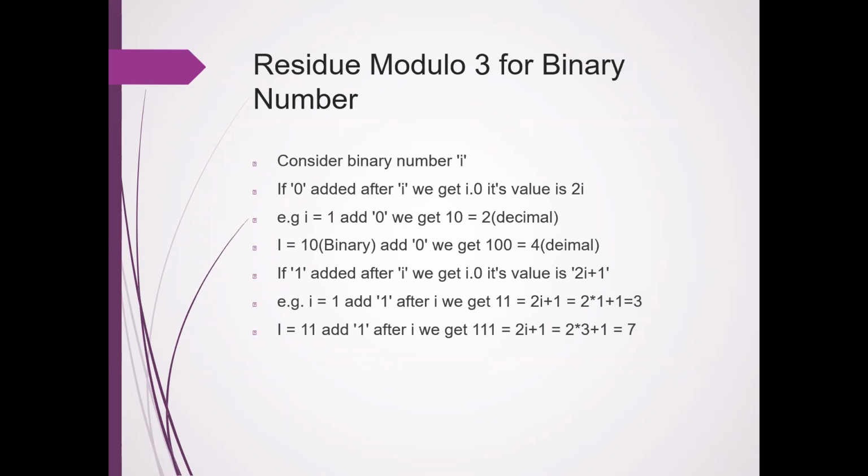one digit at a time. The digit we read will be divided by the divisor 3, and you will get some remainder, and the next digit will be concatenated to the remainder.